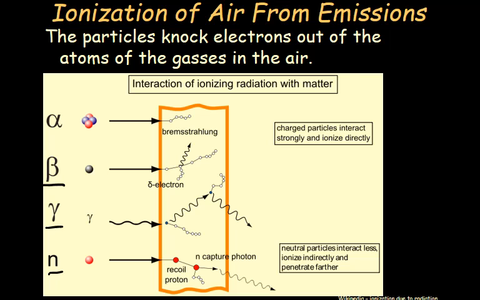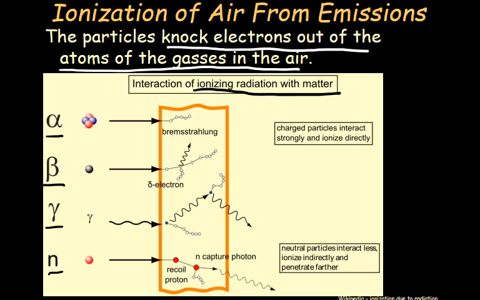And so what happens with ionization of radiation with matter, an alpha particle could come in and essentially it can interact with a proton or with an electron and cause the electron to escape an atom. And so what happens is these electrons get knocked out, and knock electrons out of the atoms in the air, and depending on the type of radiation, will have different effects.